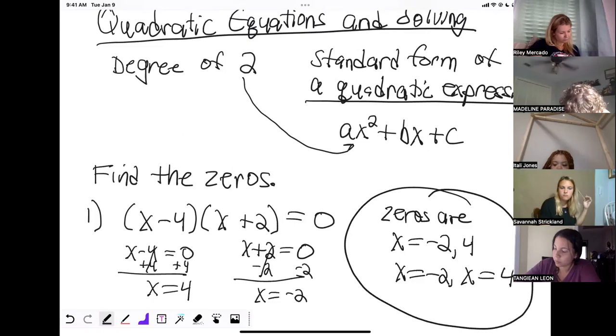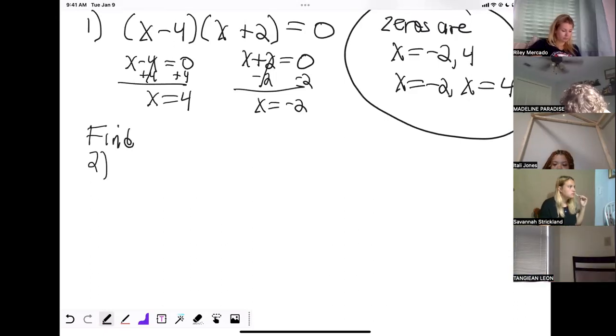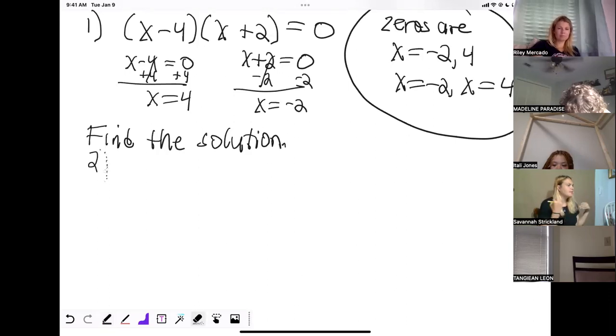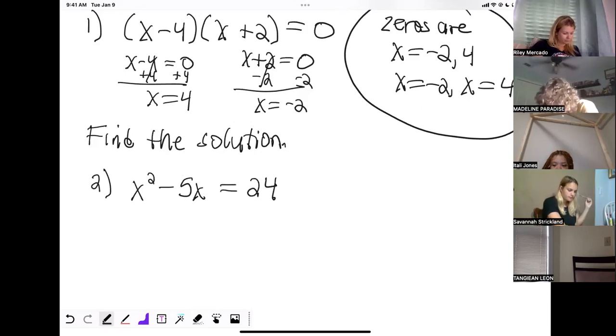Okay, so let's actually start factoring with these and solving. Number 2. Find the solution. x squared minus 5x is equal to 24.